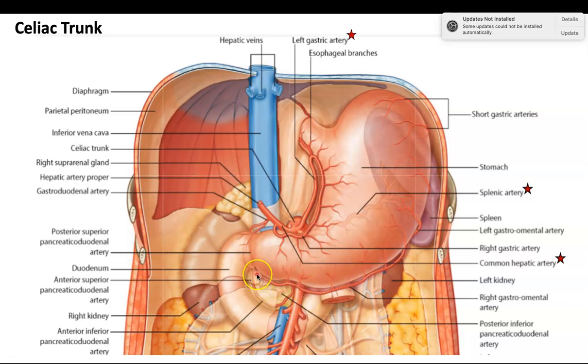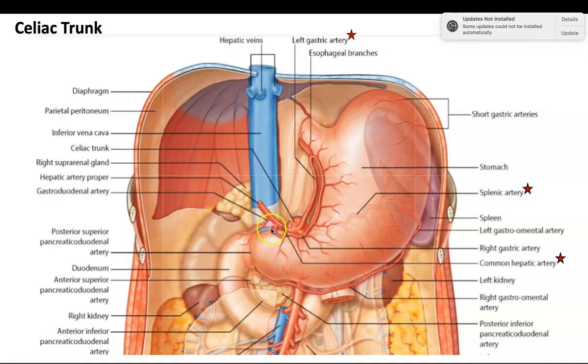Okay, so these are the celiac trunk branches mainly, and the posterior superior and anterior superior pancreaticoduodenal arteries, which are branches of the celiac trunk, anastomose with a branch of the superior mesenteric artery, which is the inferior pancreaticoduodenal artery.